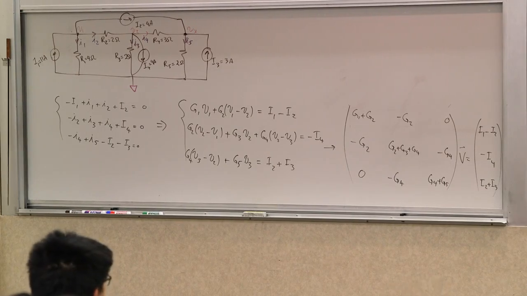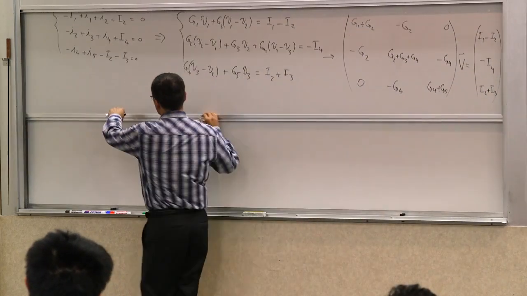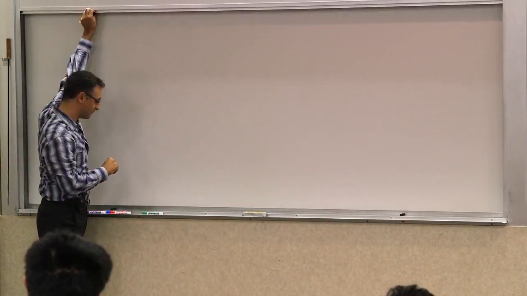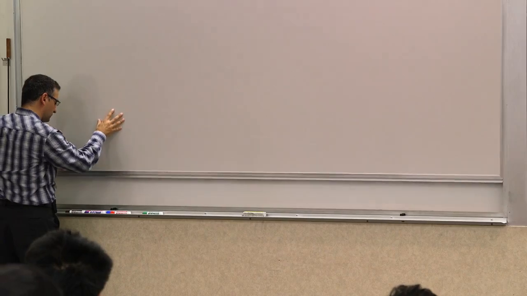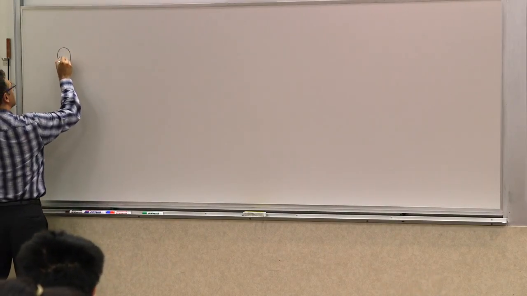Now, how about dependent sources? We said, well, what will happen if we have dependent sources? So let's look at an example with dependent sources. I'm going to draw another example.